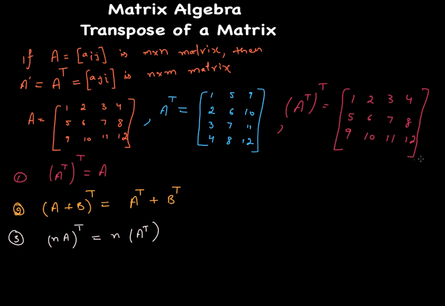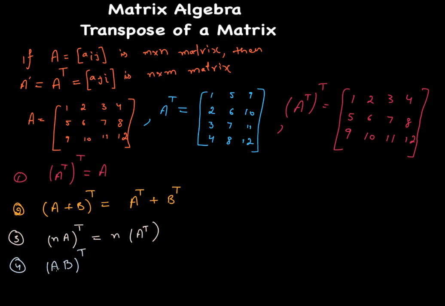The fourth property says if A and B are two matrices such that their product is defined, so we can find the product AB, that means the number of columns of matrix A is equal to the number of rows of B. We find the product and take its transpose.